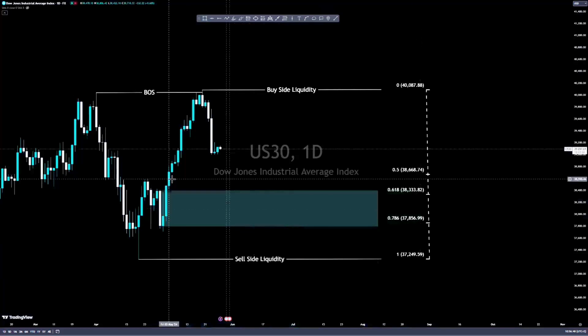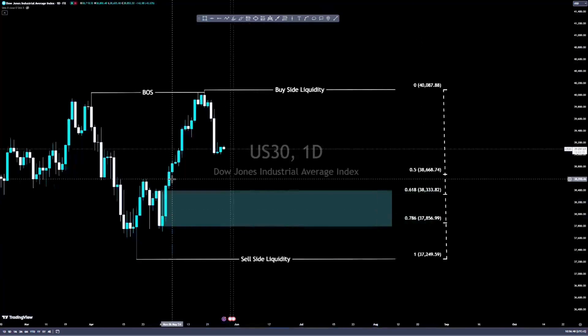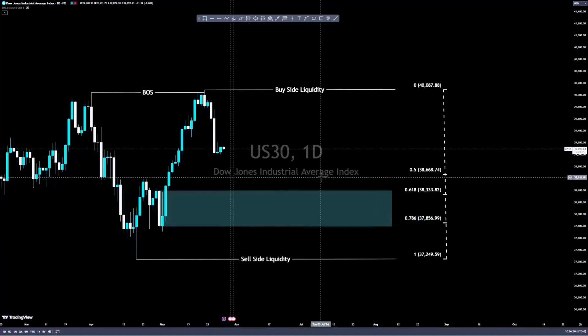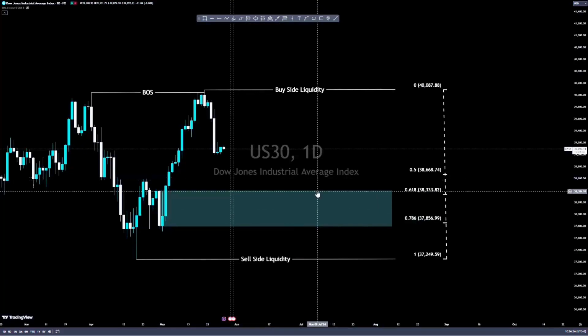If you check it, there's a beautiful gap here. So that's one of the things that's going to attract price to come back down here, right? You understand? So that's on the daily time frame. Let me just mark it as an order block. We'll go to the lower time frame. It is an order block.